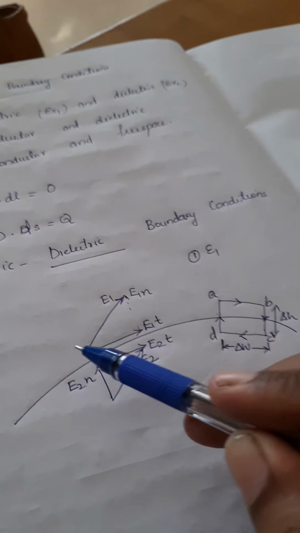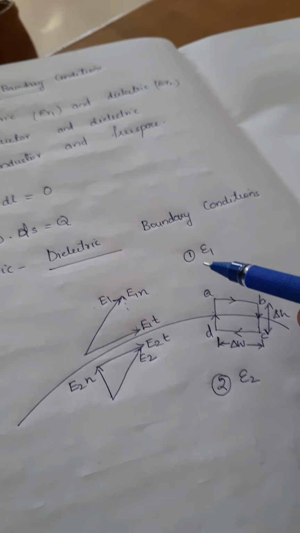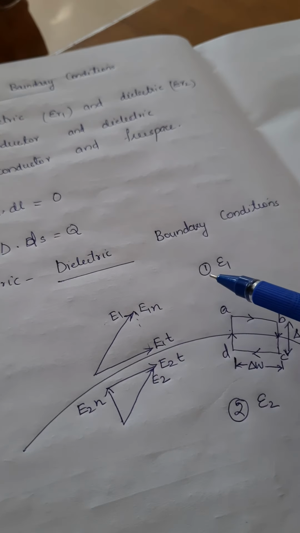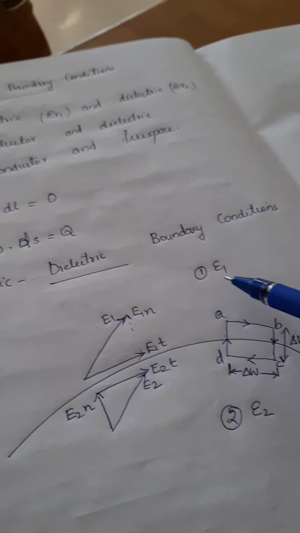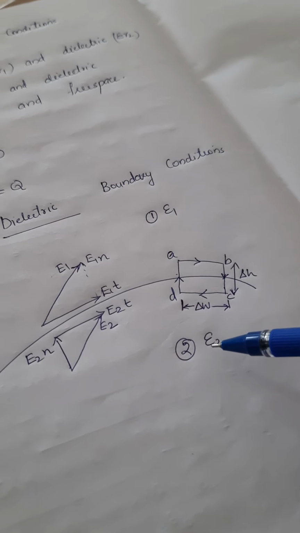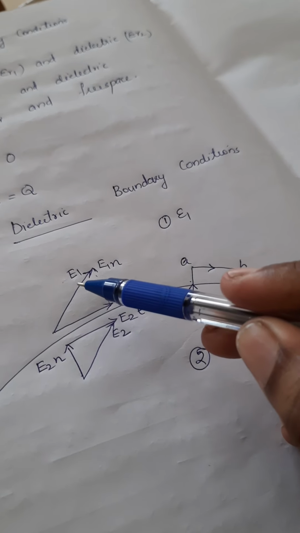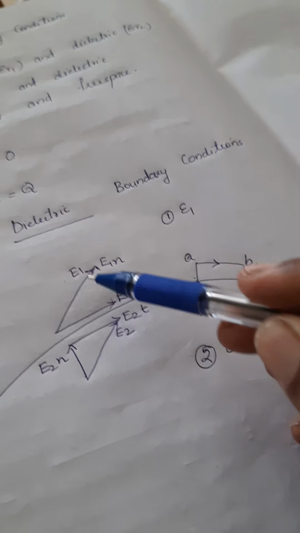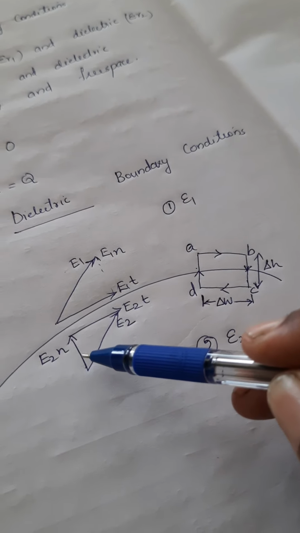In that case, the first medium is dielectric medium 1, characterized by epsilon 1, and the second medium is characterized by epsilon 2. In the first medium the electric field is E1, and in the second medium the electric field is E2.